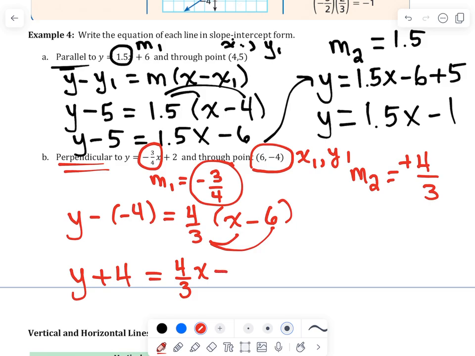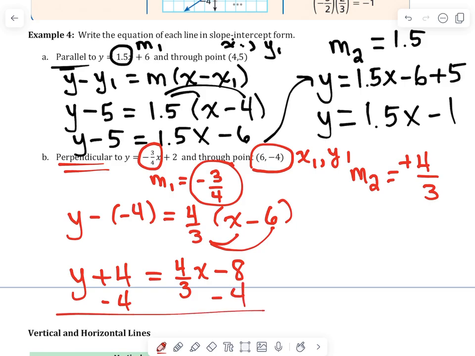You can use your calculator if you want, and you get negative 8. Now we need to move that plus 4 to the right, so we subtract 4 from both sides. So our final answer is y equals 4/3 x minus 12.